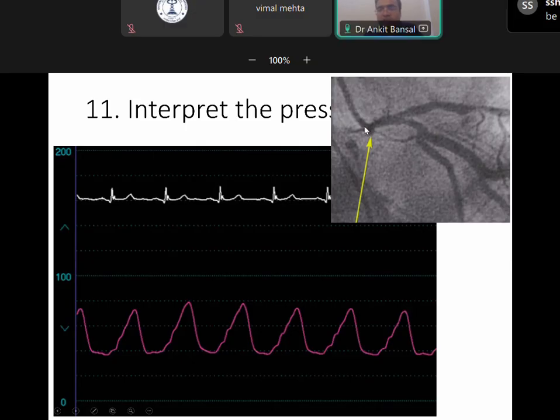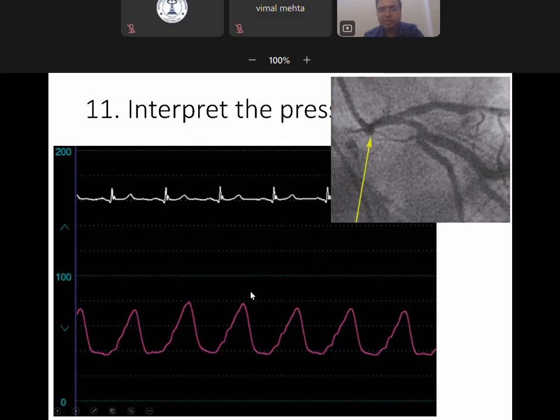Somebody is trying to engage the left main coronary artery, and simultaneous pressure is being shown like this. So what you can see is absence of the dicrotic notch. No dicrotic notch and low systolic pressures. This is damped, pressure damping.